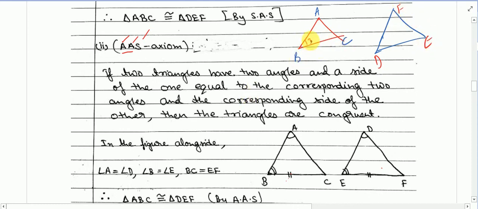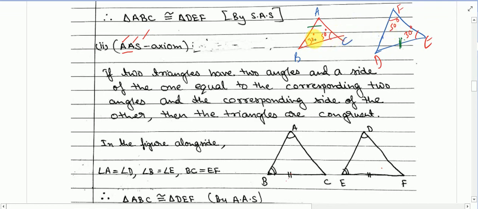Suppose this is 30 degree, this is 30 degree, this is 50 degree, here we have 50 degree, and let's say this side is equal to this side. So we would say that these two are congruent.